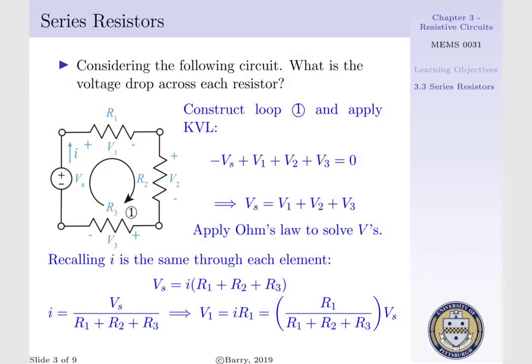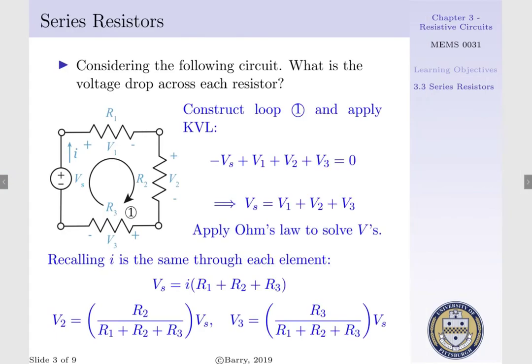Recalling Ohm's law states that the voltage drop across an element is equal to the current flowing through it times the resistance, we can formulate the voltage drop across resistor 1, such that V1 would be equal to our current running through it times our resistance, where we just solved for our current I, and we multiply that equation by R1, such that V1 is equal to the quantity R1 per the sum of R1 plus R2 plus R3 times our source voltage.